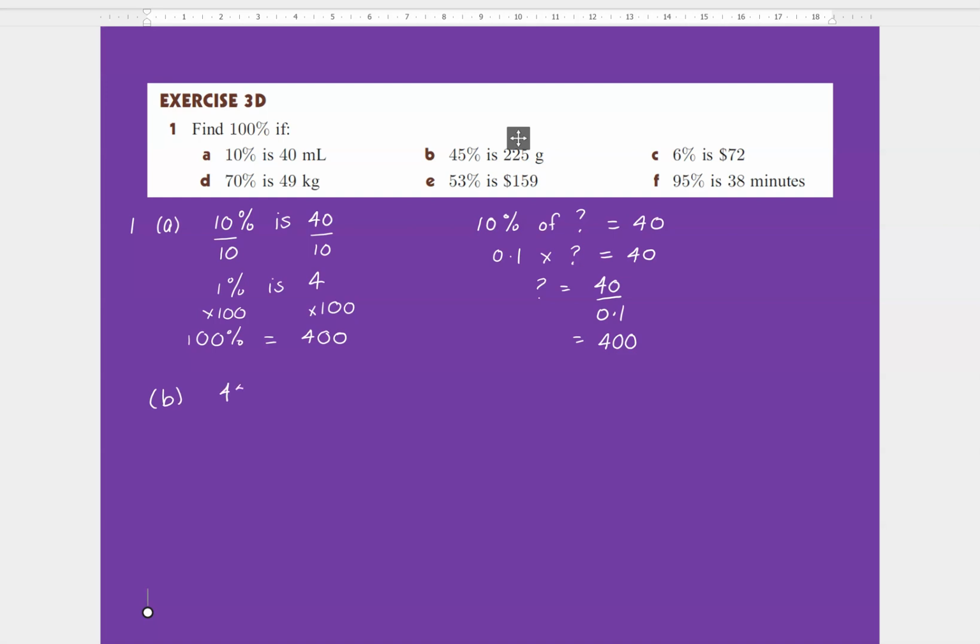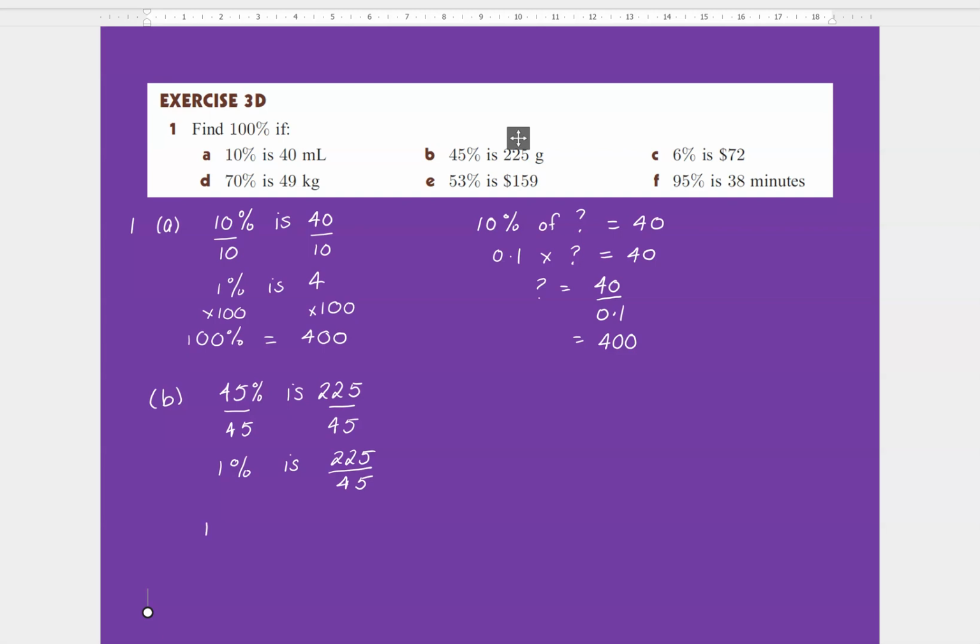So 45% is 225. So we're going to change and find 1% first. So we divide by 45 and we divide by 45. So what that means is 1% is, and I'm going to use my calculator only once, 1% is that.